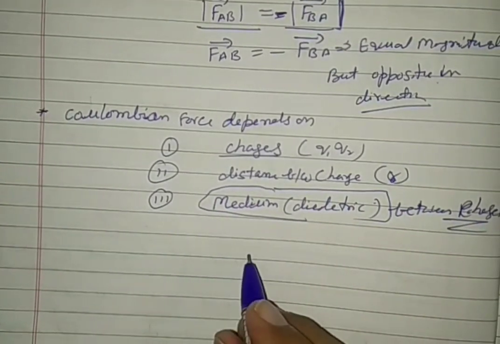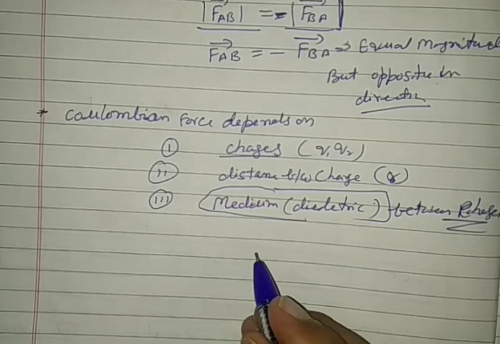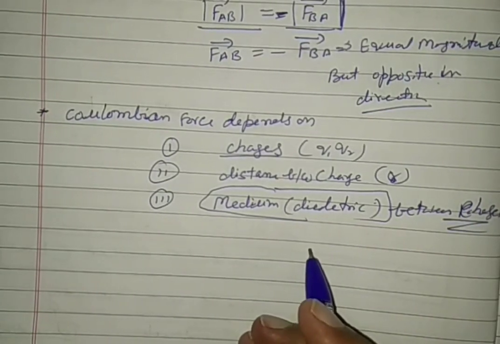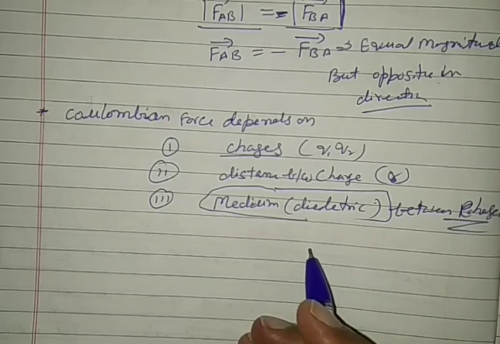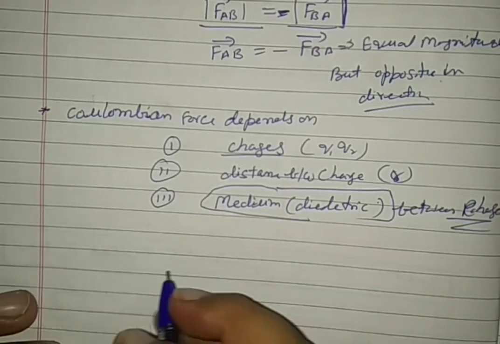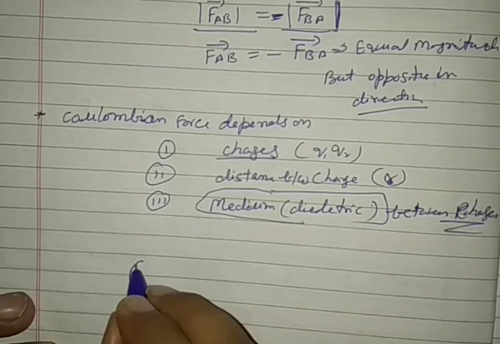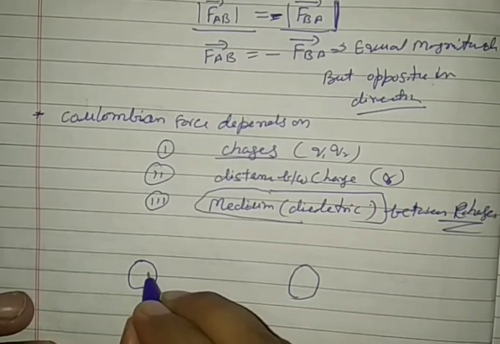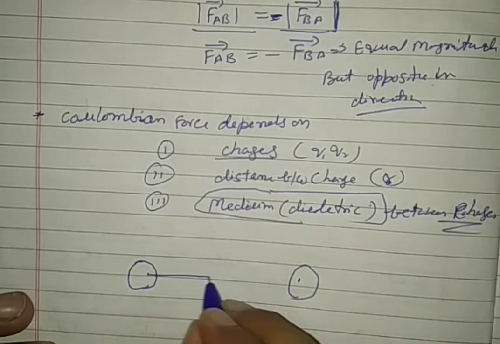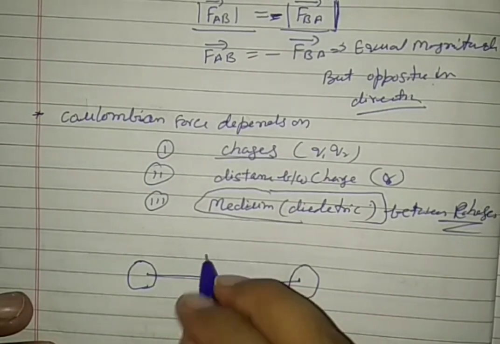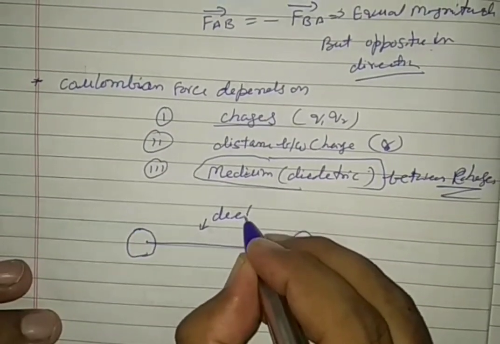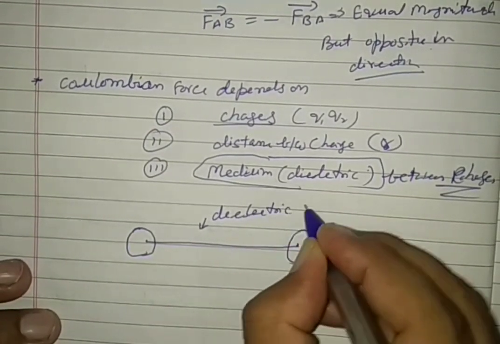The formula which I explained just now is true only when air or vacuum is available between the 2 point charges. If between these 2 point charges any dielectric medium is kept, this medium is dielectric medium.